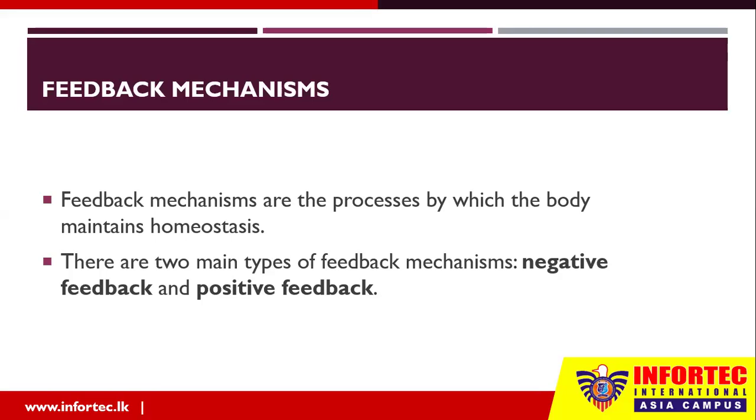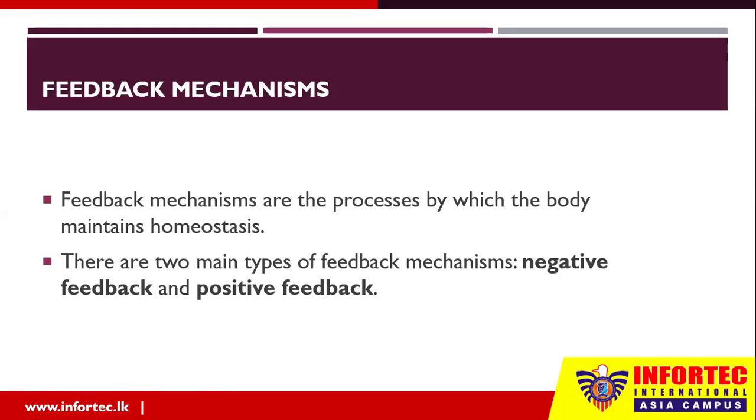Then the fourth key component is the effector. It means the organ which carries out the response, for example, sweat glands or muscles, right? So in the homeostatic system, there are four key components: the stimulus, receptor, control center, and effector, right?